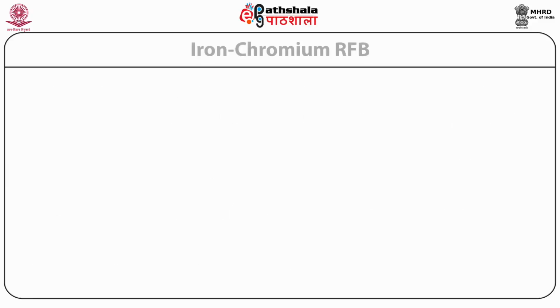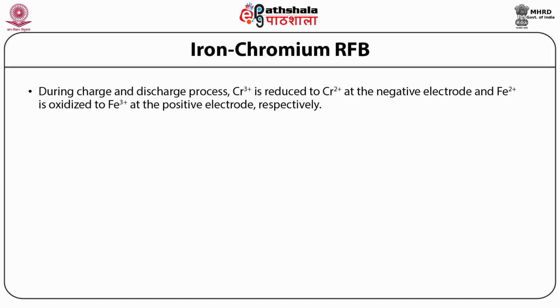During the charge process, Cr3+ is reduced to Cr2+ at the negative electrode, and Fe2+ is oxidized to Fe3+ at the positive electrode respectively. The reverse process occurs during the discharge process.